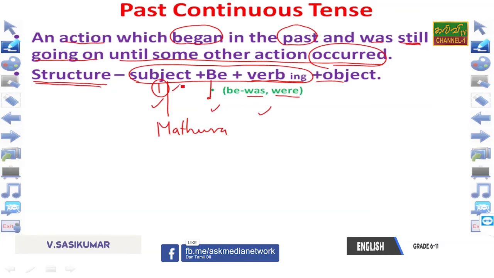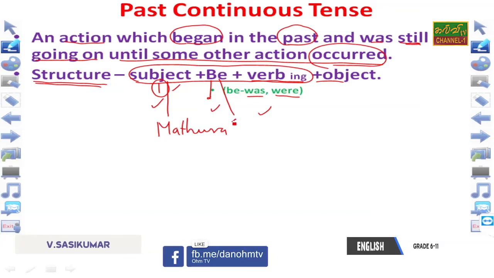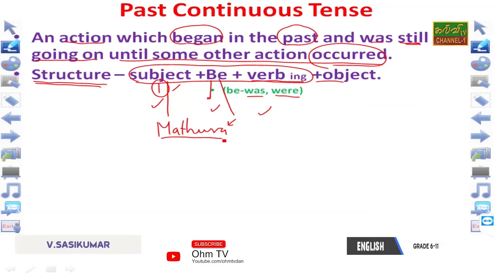Then we want to write the be verb, that means helping verb. What is the helping verb? Yes, was or were. Was or were should suit Madhura. So Madhura is singular. So for a singular subject, we write was. For a plural subject, we write were.